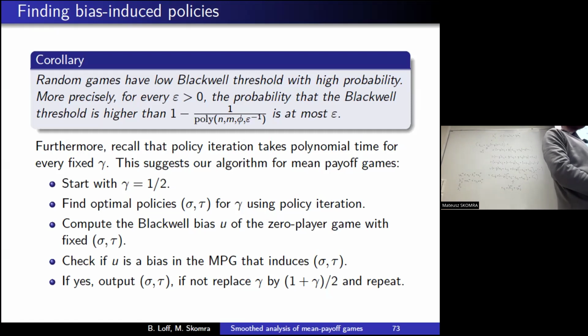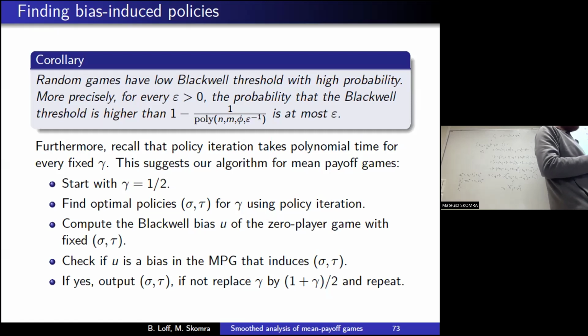So now it's 1 minus 1 over 4. Then it's 1 minus 1 over 8, 1 minus 1 over 16, and so on. You up the gamma, you solve, check if the policies are Blackwell optimal, and repeat. And at some point this procedure will converge for any game, because any game has a finite Blackwell threshold.